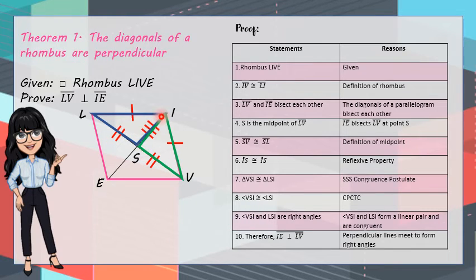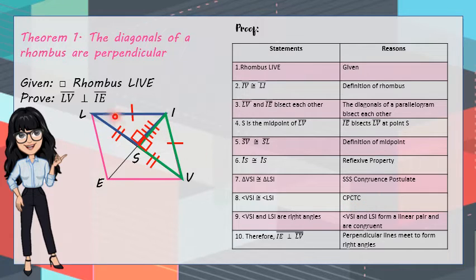So there is a difference between triangle BSI and angle BSI. Triangle BSI is this whole green triangle. Angle BSI is just this one. Okay? So this angle BSI is congruent to angle LSI. Because, again, CPCTC, corresponding parts of congruent triangles are congruent.